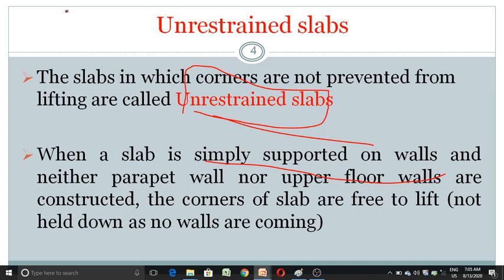Moreover, we are not constructing any parapet wall over the slab. That's why we can call this an unrestrained slab, or a slab with corners free to lift. Right? Now we'll see what the design steps are for designing unrestrained slabs.